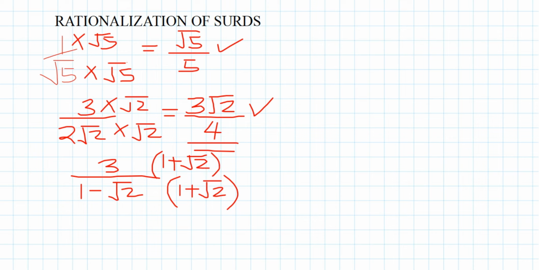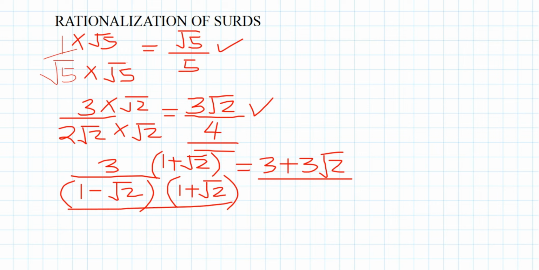And so here, you're going to work out so that in the numerator, you're going to have 3 plus 3 root 2. And then in the denominator, you realize that from binomial identities, here you're having a difference of 2 squares. So you're going to have 1 squared, take away root 2 squared, which is 2.